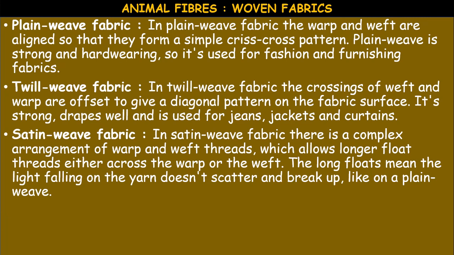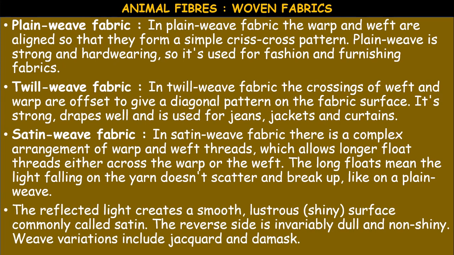The next one is satin weave fabric. In satin weave fabric, there is a complex arrangement of warp and weft threads which allows longer float threads either across the warp or the weft. The long floats mean the light falling on the yarn does not scatter and break up like on a plain weave.